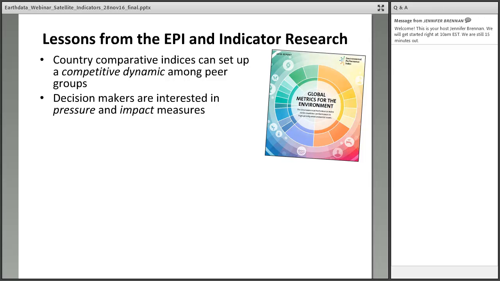Decision makers are interested in pressure and impact measures and also the state measures. If you think of the driving force, pressure, state, impact, response framework, which OECD developed, DPSIR, they really want to know what outcomes are and how they're impacting human health and other factors.